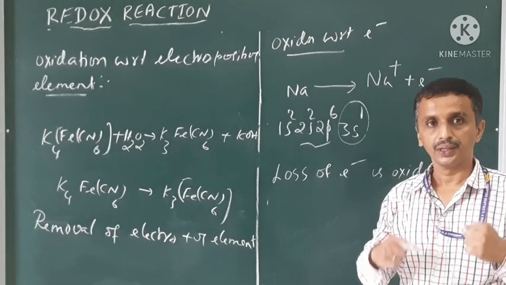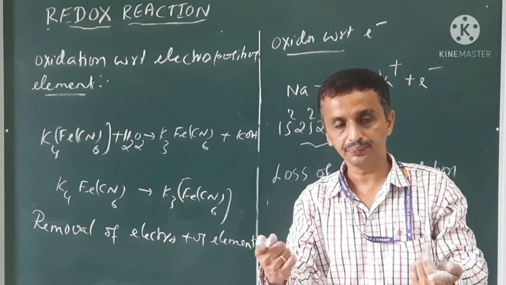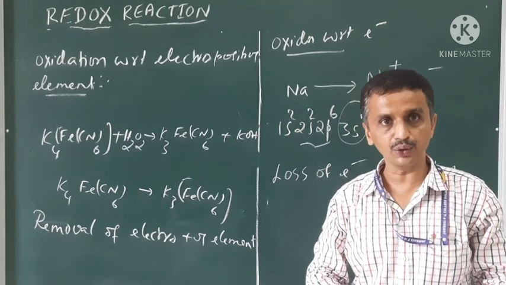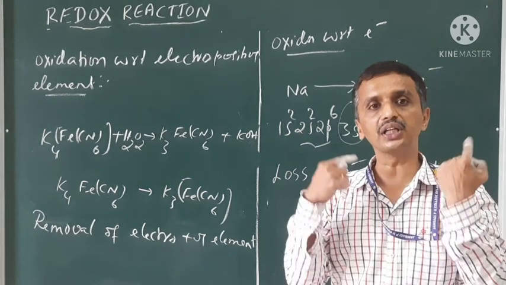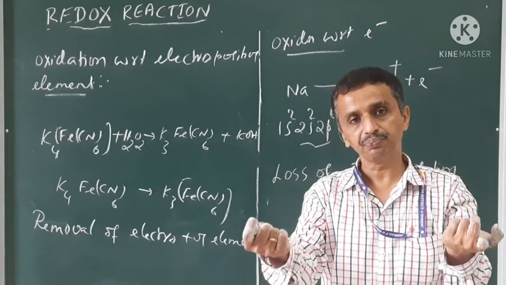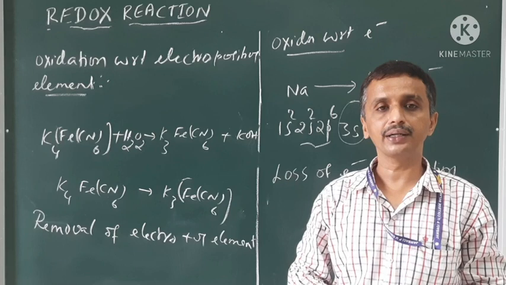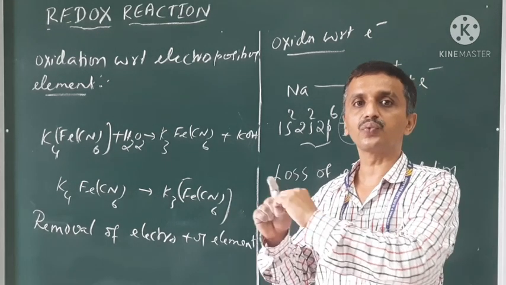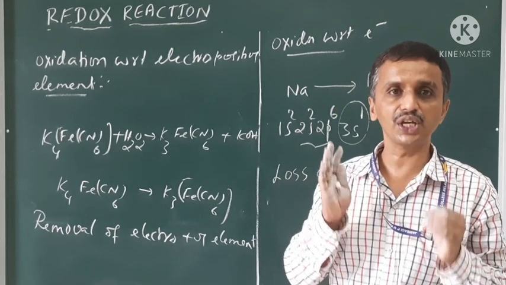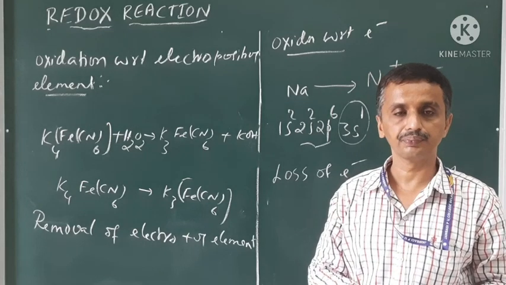So, addition of oxygen, removal of hydrogen, addition of electronegative element, removal of electropositive element, and loss of electrons are the oxidation process.